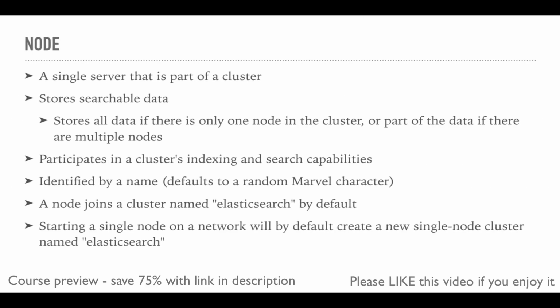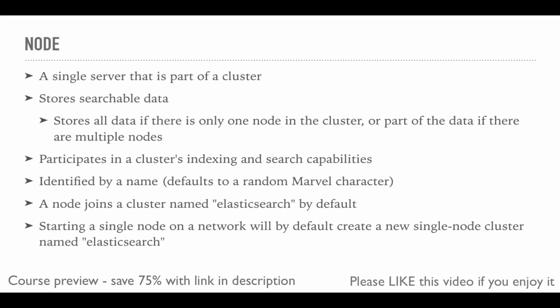I briefly touched the concept of nodes on the previous slide, but let me elaborate a bit. A node is a single server that stores searchable data and is part of a cluster. If a cluster only contains one node, then this node stores all of the data. Otherwise, a node contains a subset of a cluster's data.